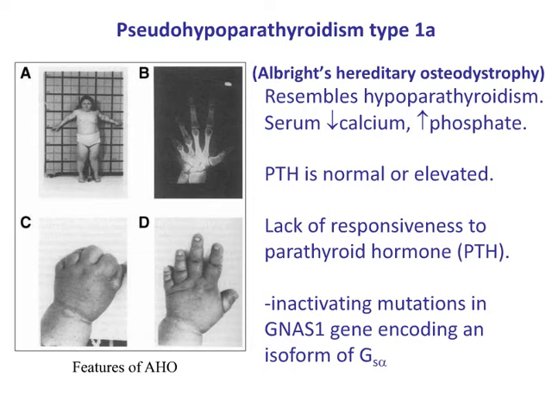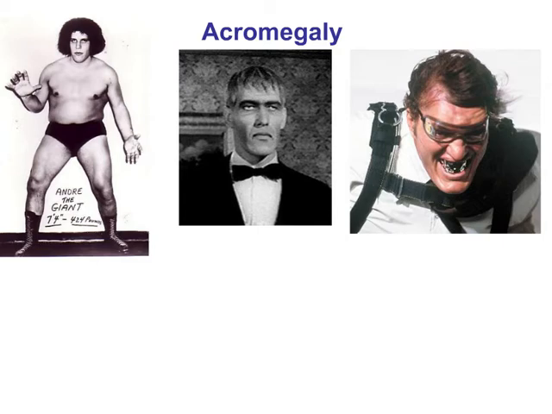When bound by parathyroid hormone, the parathyroid hormone receptor cannot sufficiently activate adenylate cyclase. Persons with pseudohypoparathyroidism also display a lack of responsiveness to other hormones signaling through G-protein coupled receptors coupled to G-alpha S.